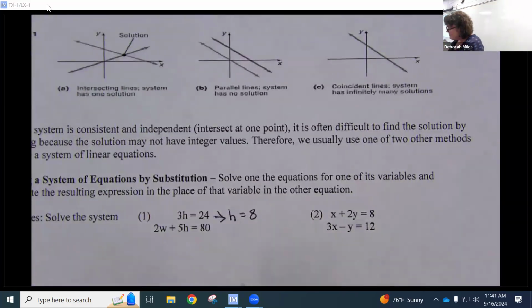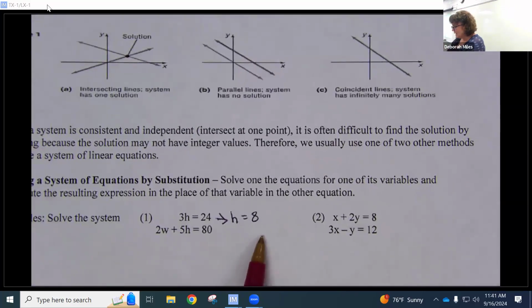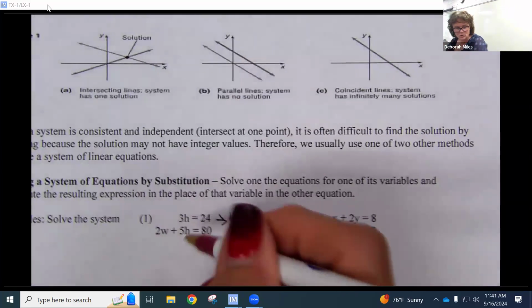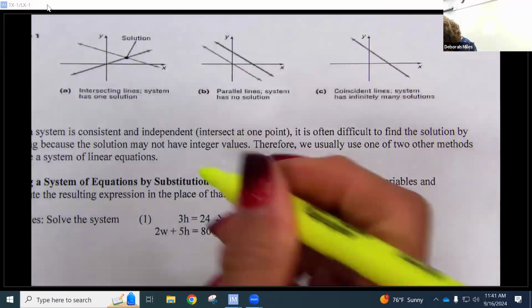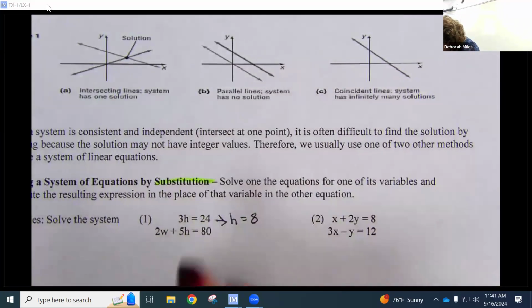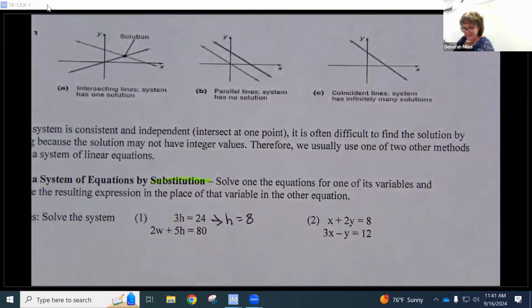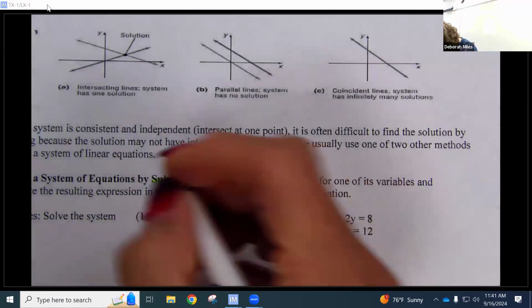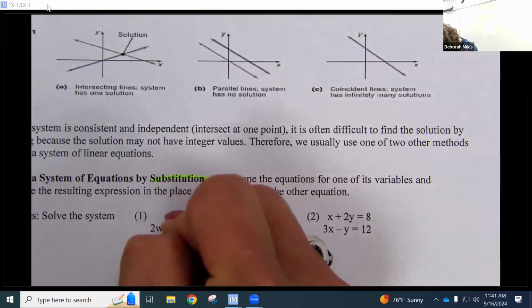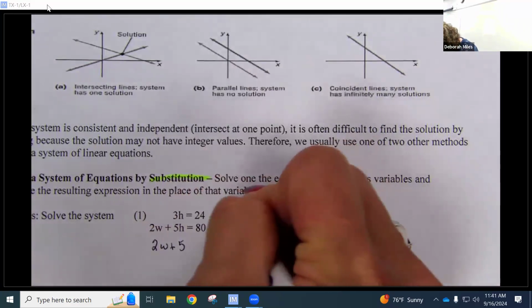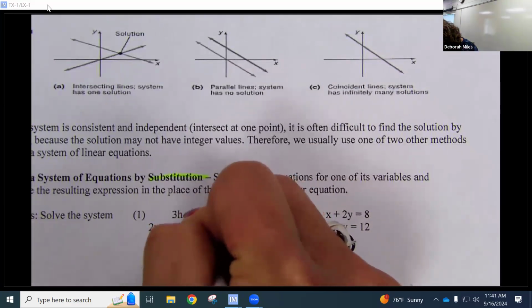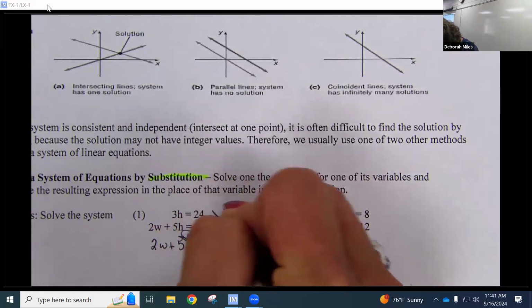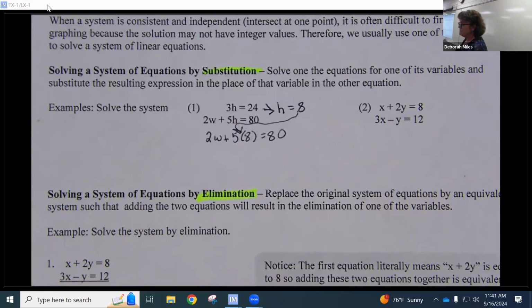And if I can find the value of one of the variables, then I can substitute that value into the other equation, 2w plus 5 with 8 substituted in the place of h equals 80.